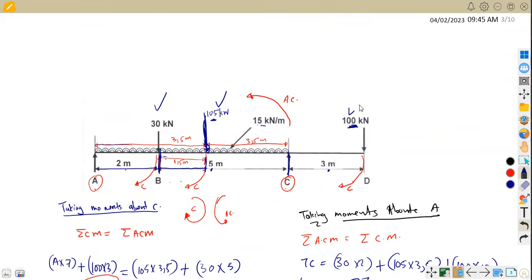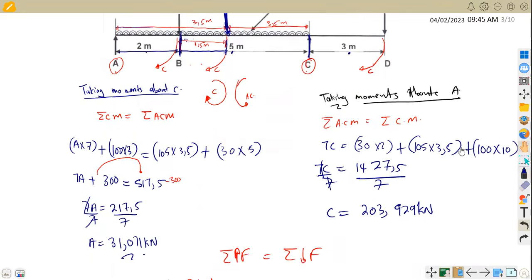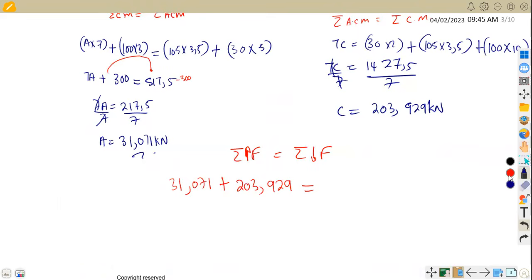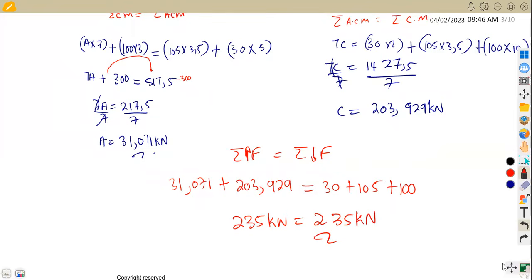So we just relate to these three: 30 plus 105 plus 100. This is going to give us 235 kilonewton, which is the same as this side, 235 kilonewton, which means our values are correct.